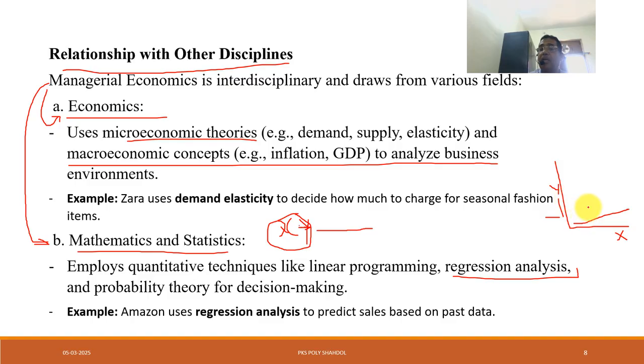Then we have to plot the line between these two data and find out the tendency of this line, whether it is inclined towards the x-axis or y-axis, or what the nature of this line is. Then we decide the decision-making process. So this is regression analysis.